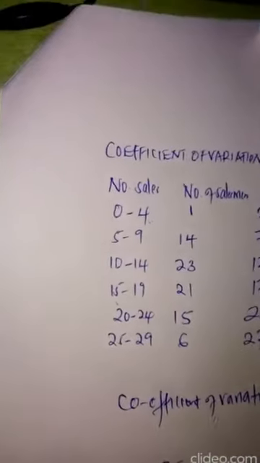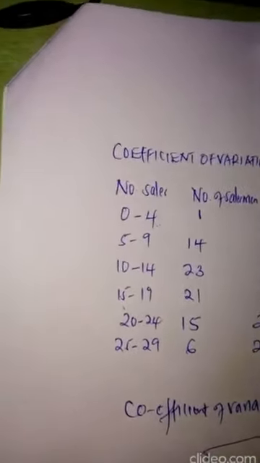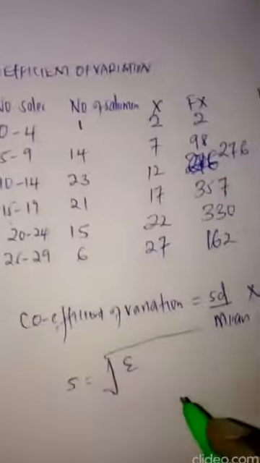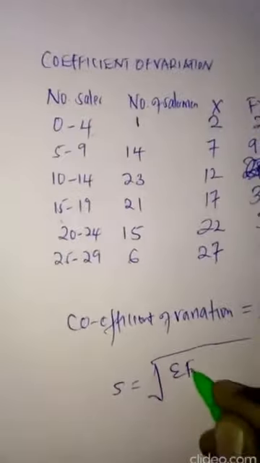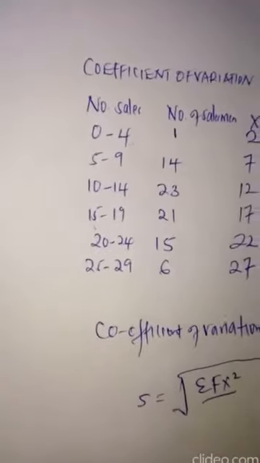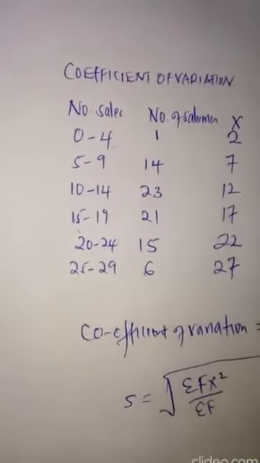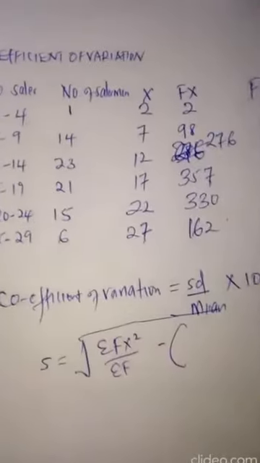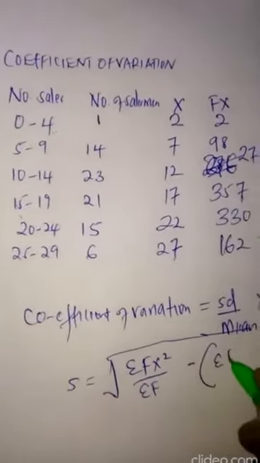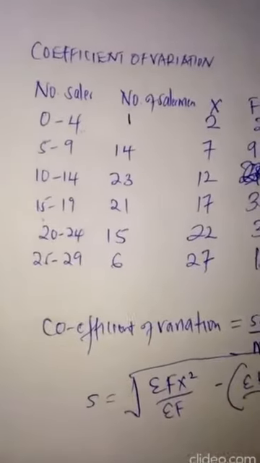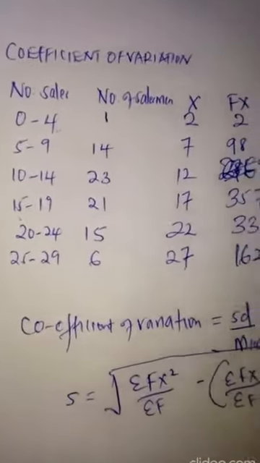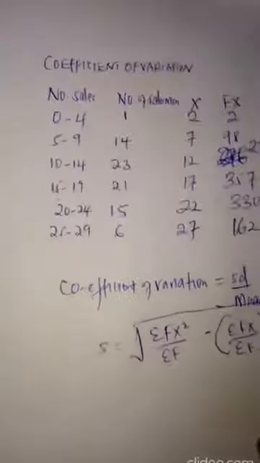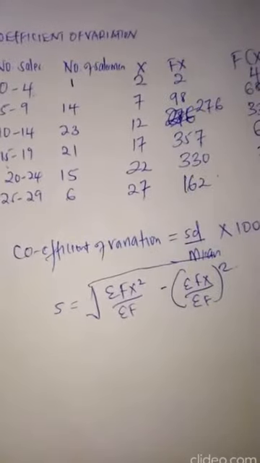The formula for calculating standard deviation is S equals the square root of summation of fx squared all over summation of f, minus, you open the bracket, summation of fx all over summation of f, you close the bracket, then you square this. This is what is going to give you the standard deviation.